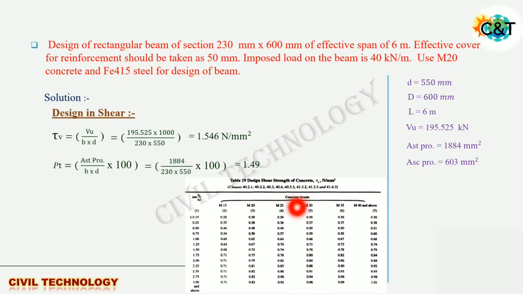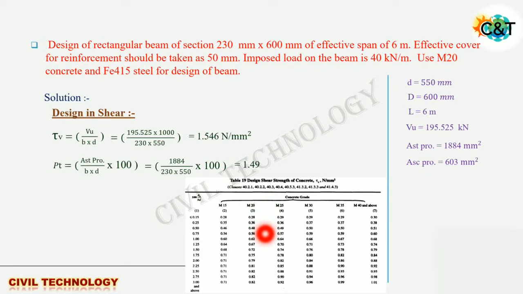What you have to do here is find out between which two values our percentage of reinforcement lies. For 1.49 we have to refer to the 1.25 and 1.5 values, and for the M20 column we can take 0.67 and 0.72.